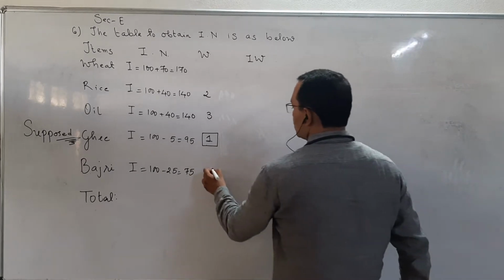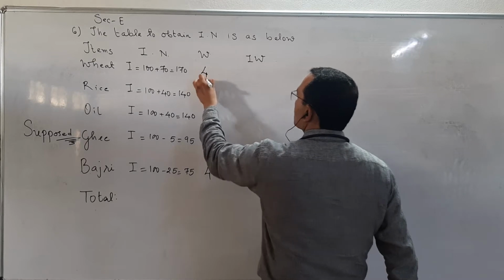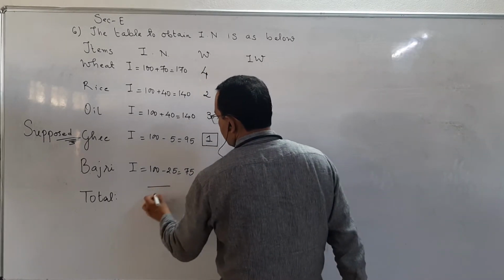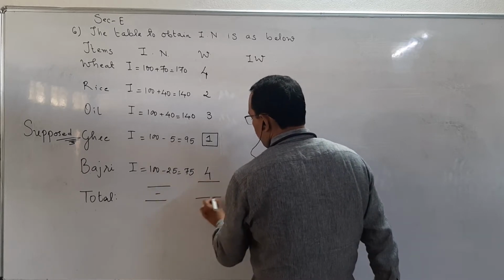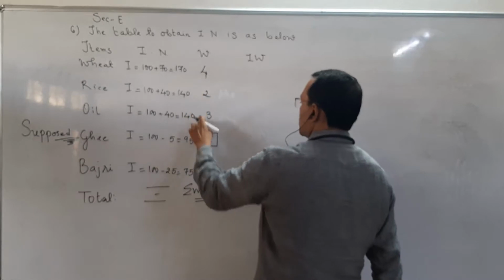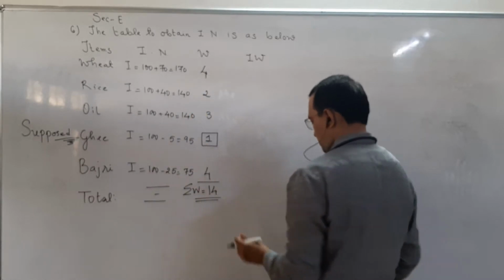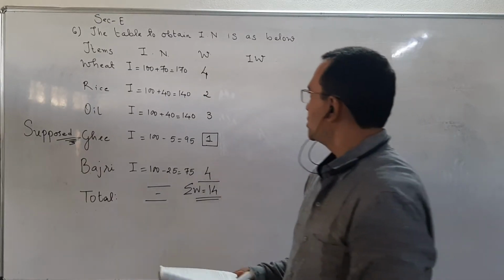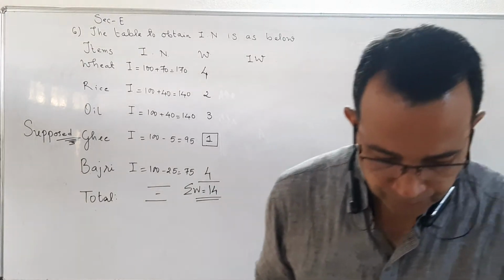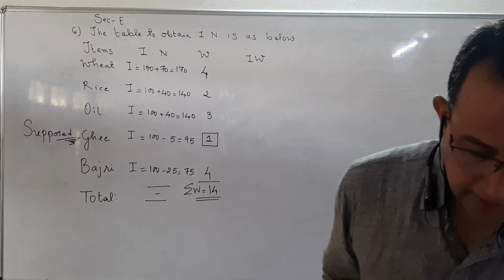Double of 2 is 4. So this is how, students, we have obtained weights. So now if I am going to total weights, it is 4 plus 2 6 plus 4 10 and 4 14. Now students, for now we go for index number.